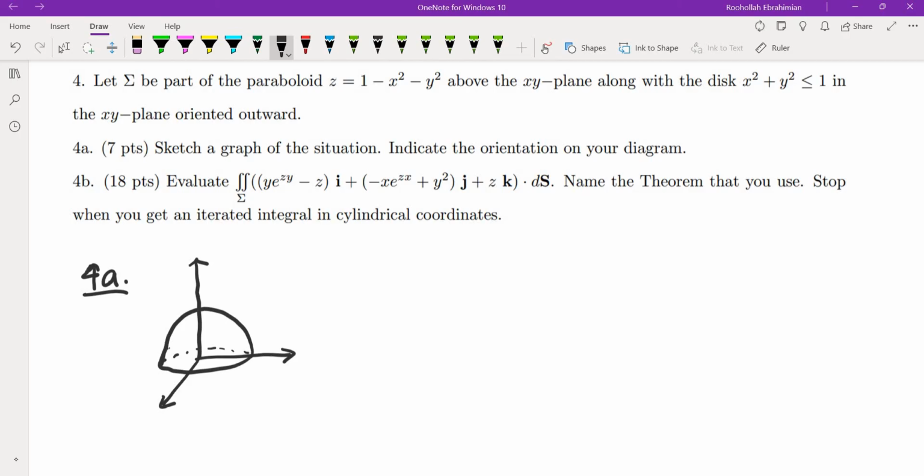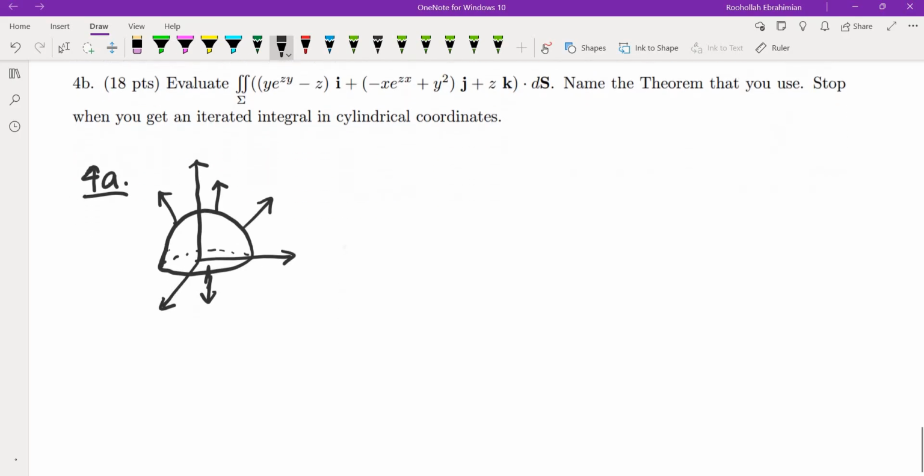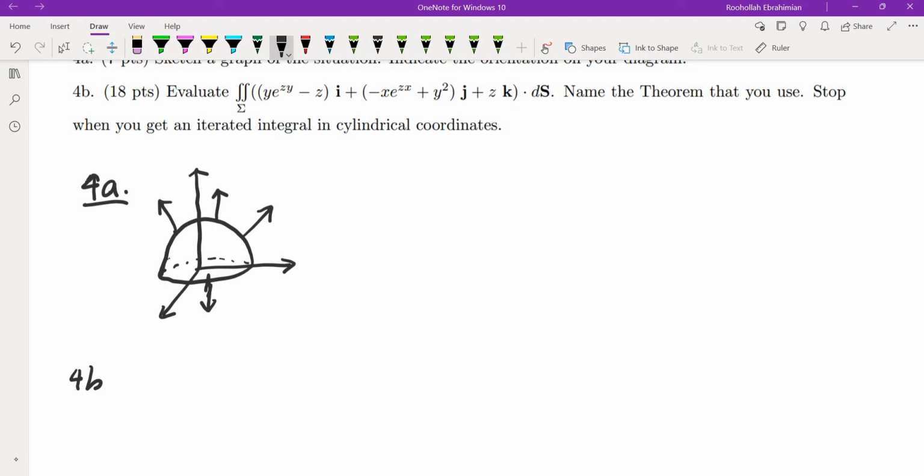Sigma is part of the paraboloid above the xy plane along with the disk in the xy plane. And the orientation is outward. So this is outward, this is basically downward. So this part is upward and this part is downward. So this is sigma. We want to evaluate this surface integral over this sigma.